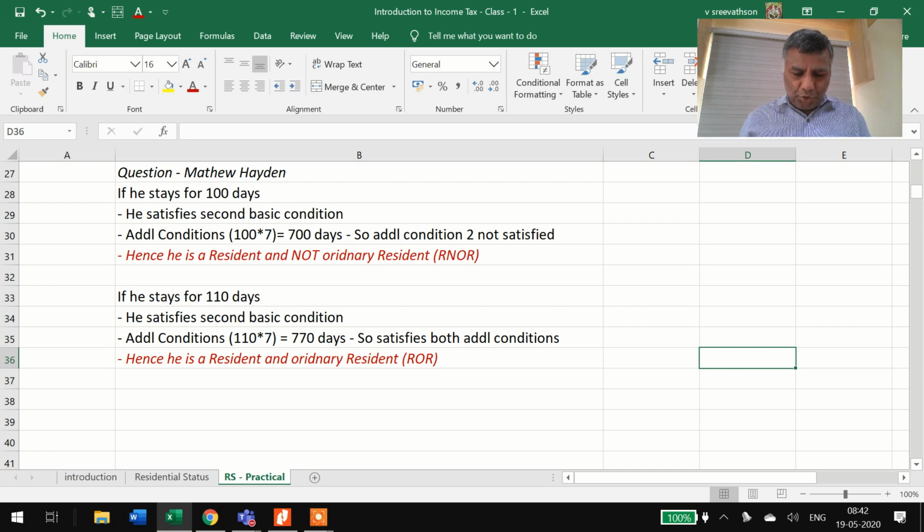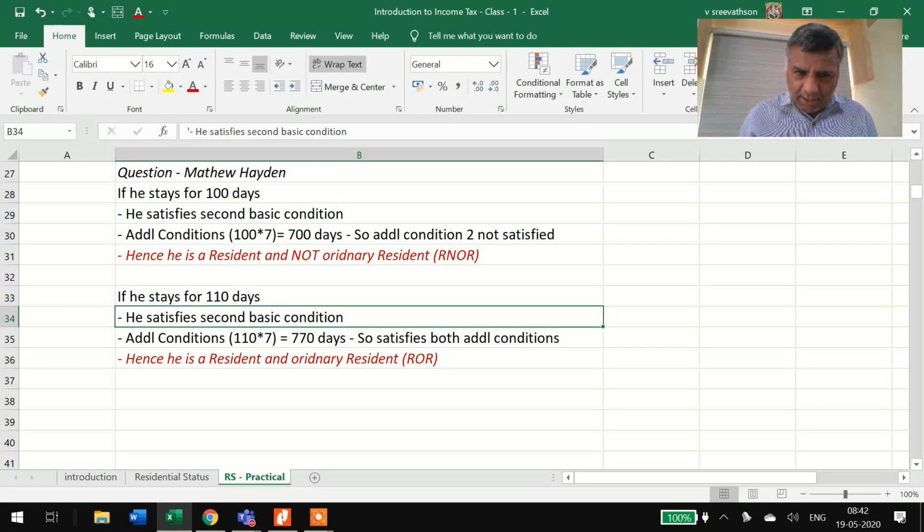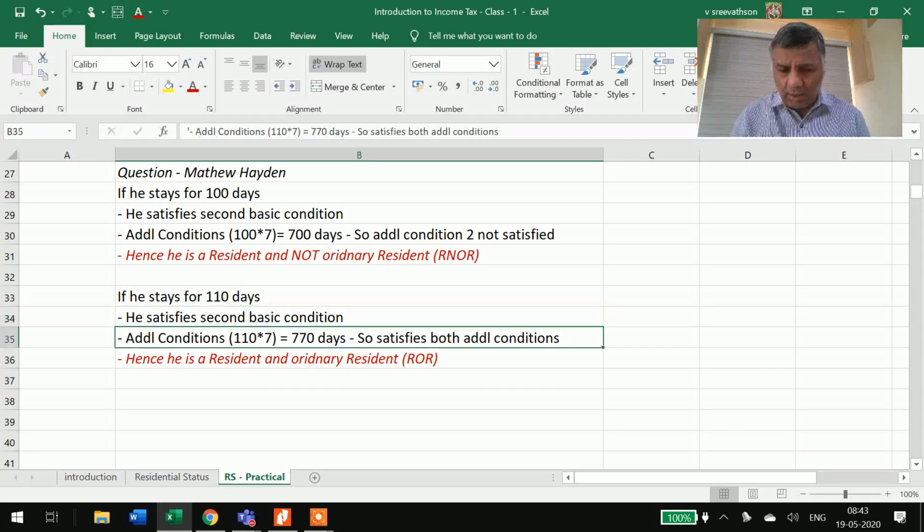Sir, I did not understand the second case. Yeah, I can make you clear. Jagrati, do you understand that he satisfies second basic condition? Yeah. I do not understand the additional condition. Okay. 110 days every year. So 7 years makes it 770 days. Am I correct?